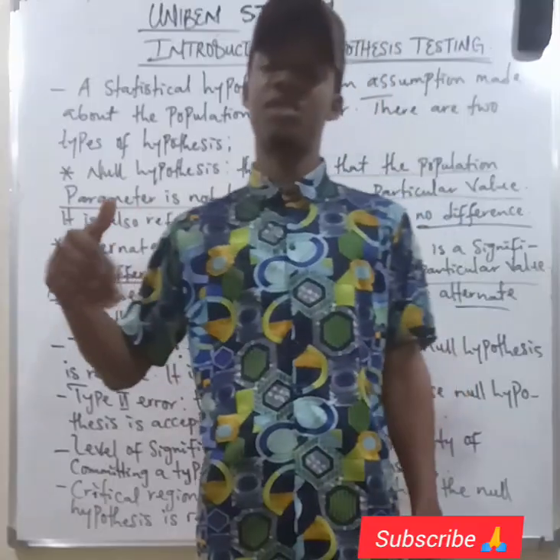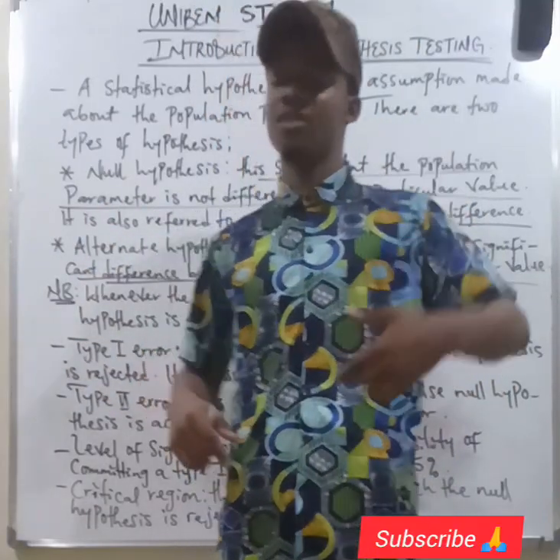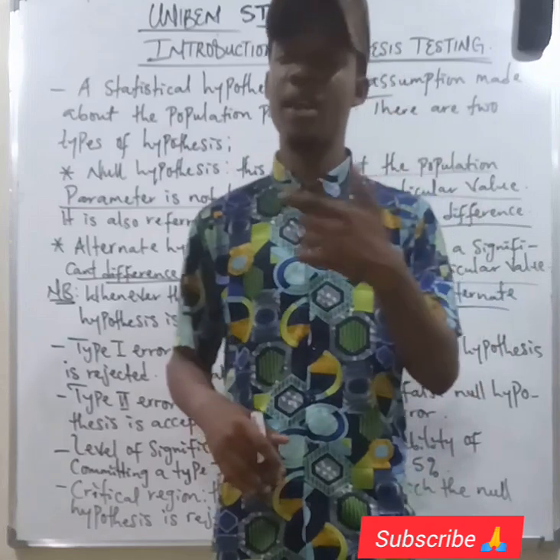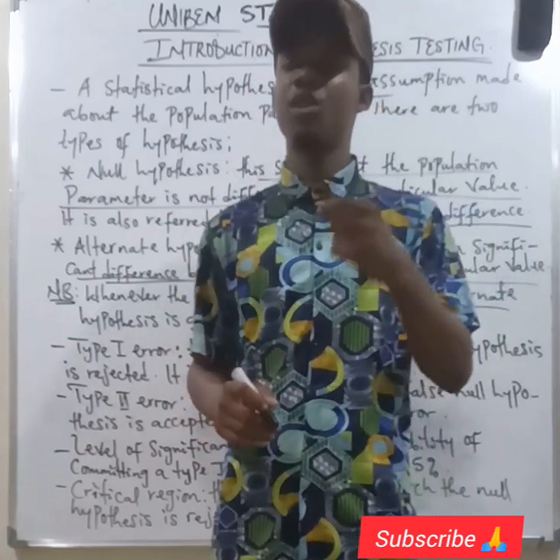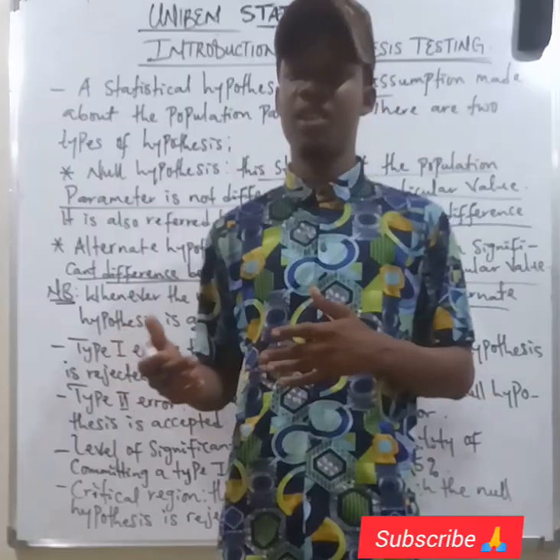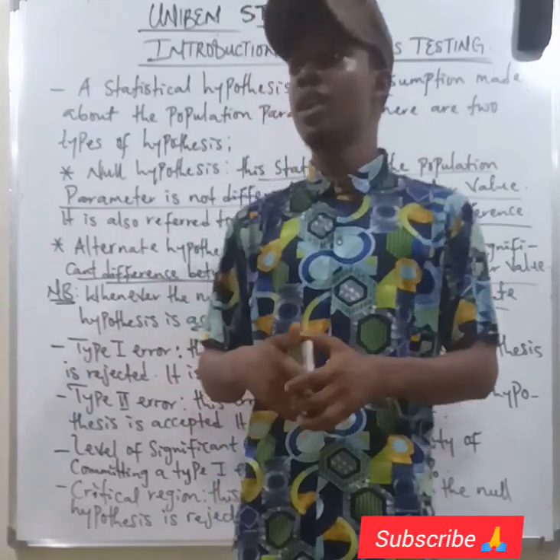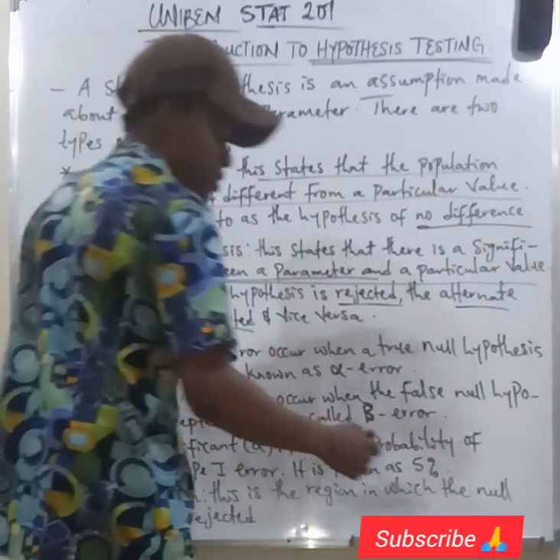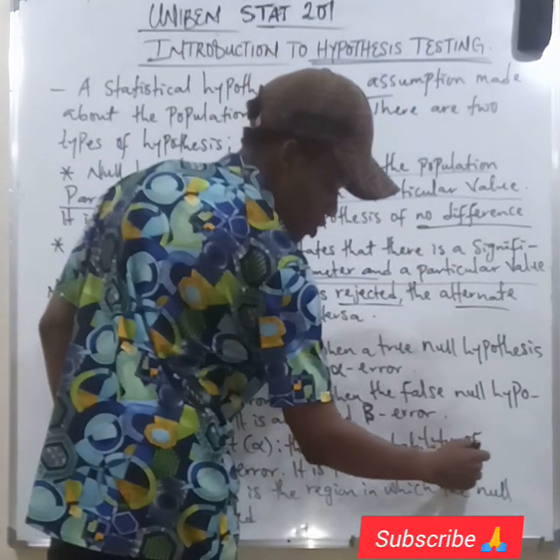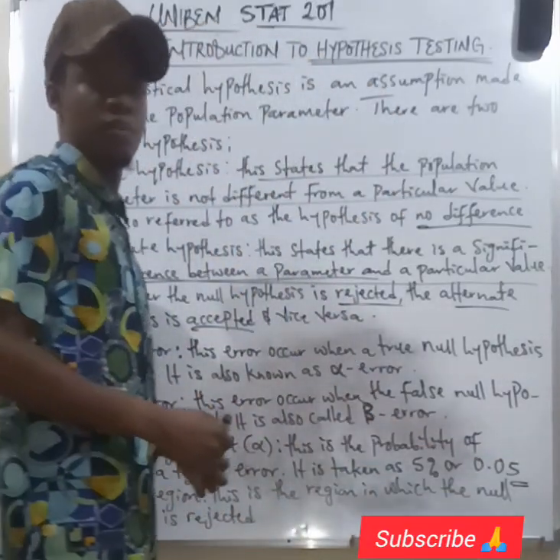So the chance of failing to accept a true null hypothesis is called the level of significance, and in most calculations it is taken to be what? 5%, or 0.05. Please take note of that.